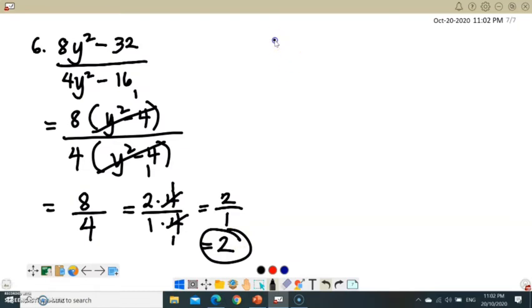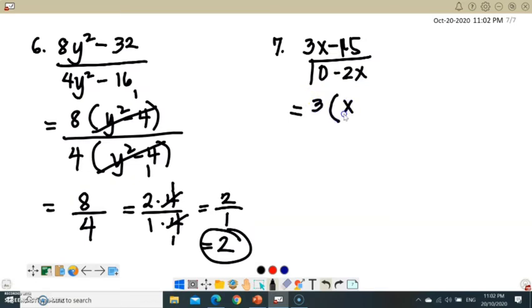Let's have number 7. 3x minus 15 over 10 minus 2x. So factor the numerator, 3 multiplied by x minus 5 over 2 multiplied by 5 minus x.